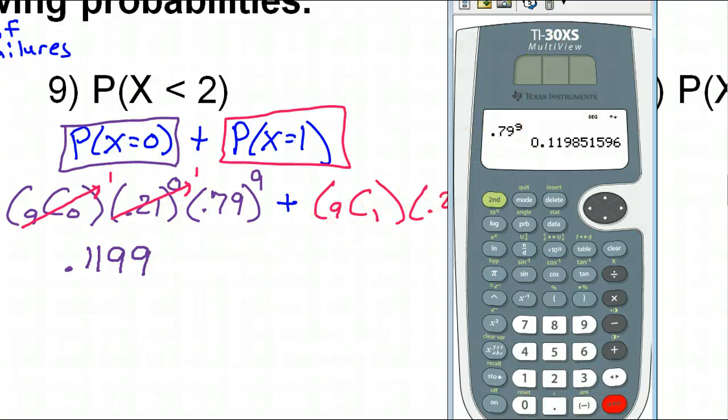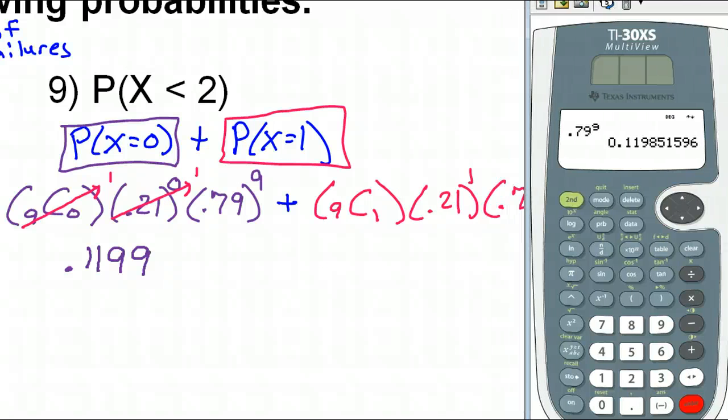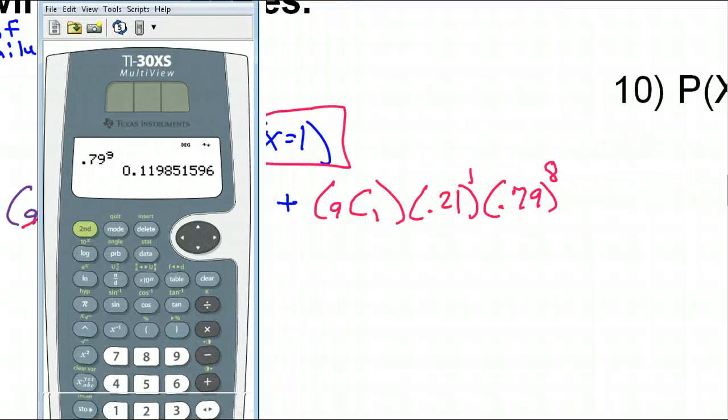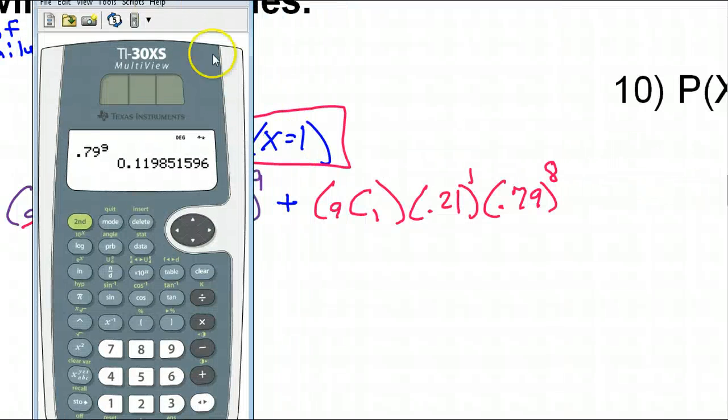Okay, now let's look at the other one. Maybe I'll put it over here. Okay, so the other one is 9 choose 1. So it's going to be 9 choose 1.